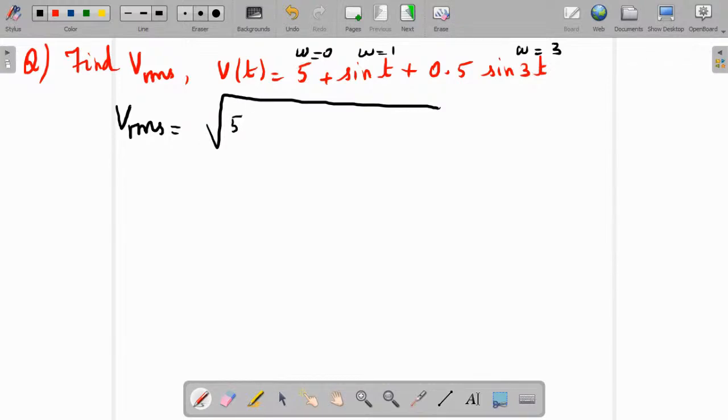Okay, different frequencies. So VRMS can be written as the square root of the DC component squared, plus the contribution of each sinusoid. So it is going to be 5 square plus, this is Vm, so 1 by root 2 the whole square, plus similarly this is also Vm sin.